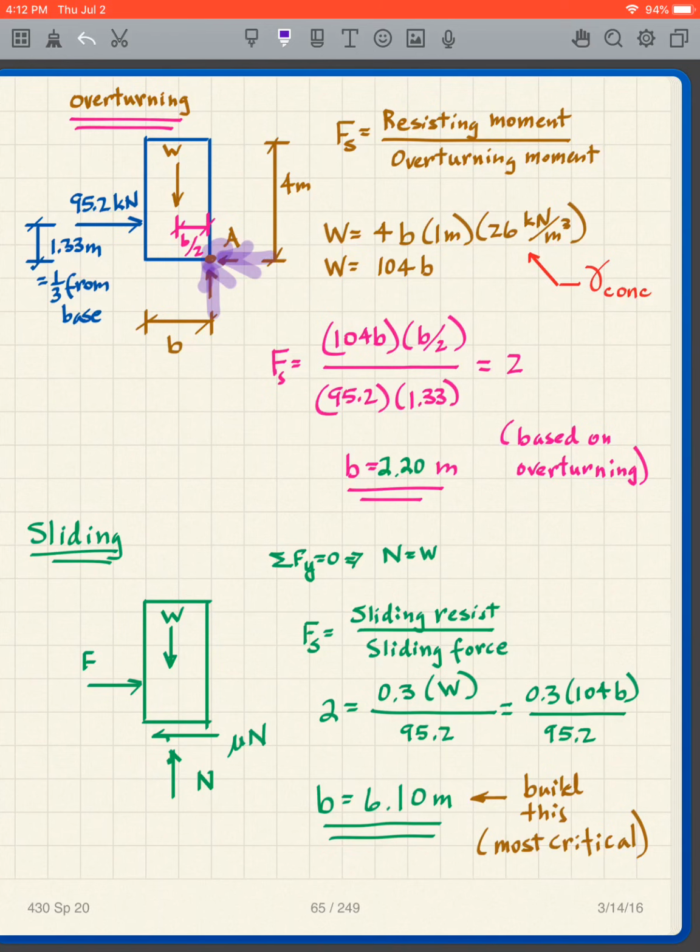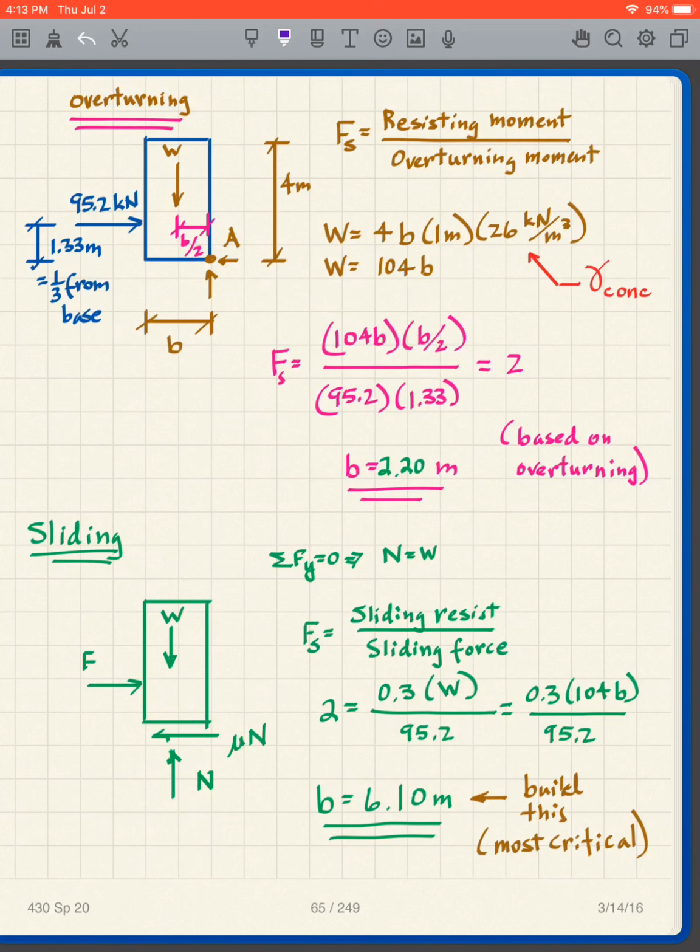So, in other words, there's liftoff at the base, and that liftoff means that there's no contact with the soil, so I don't have any forces at the base, I just have forces at the lower right-hand corner once liftoff begins. On the other hand, for sliding, I have an N and a mu times N in addition to my W and my F. So it's a different free body diagram that we're going to analyze now.